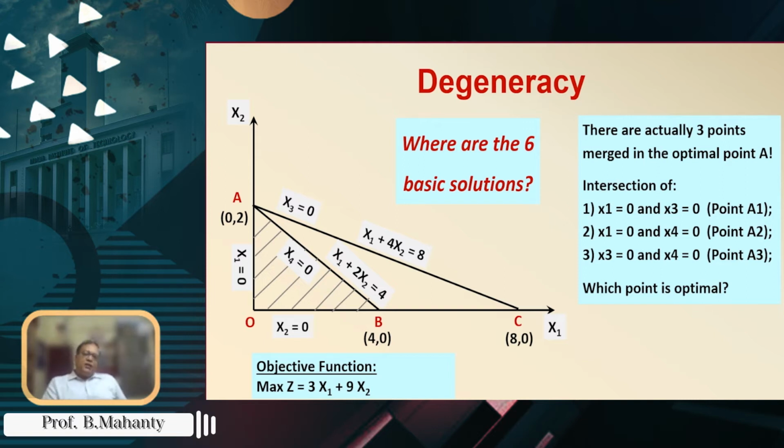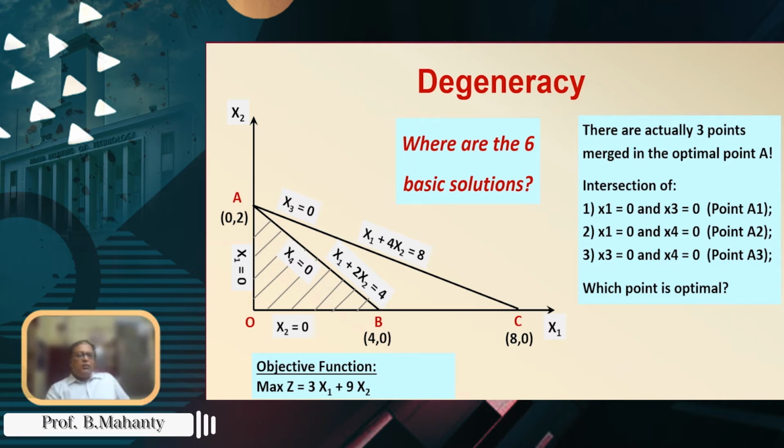See what happens when you are solving by simplex, we have to be careful about which point we are getting. Are we getting A1 or A2 or A3? But look here, really speaking, these 3 points are merged and there is only a single point A.